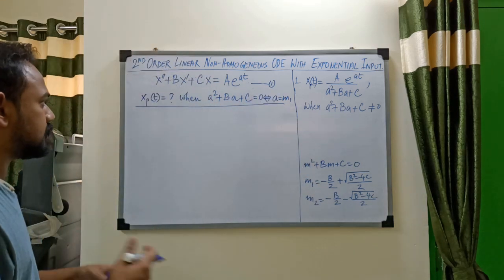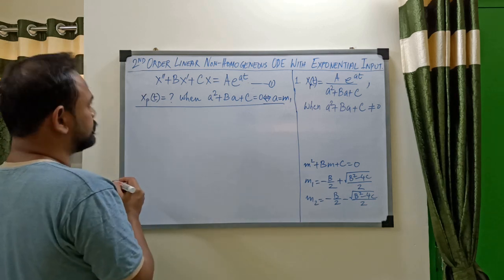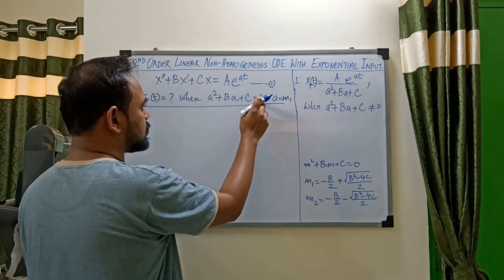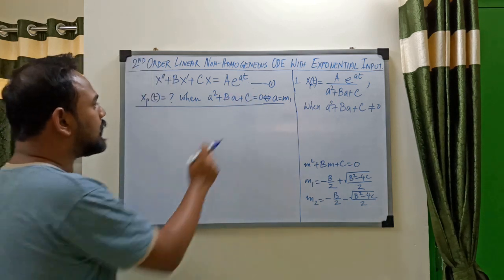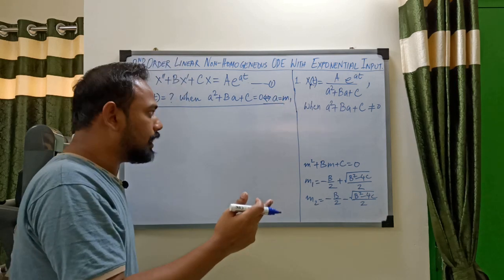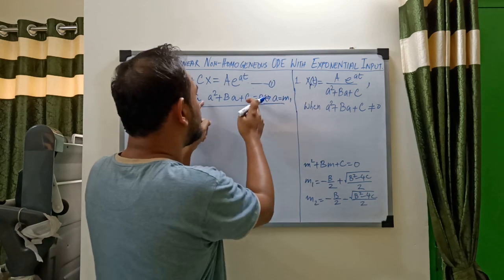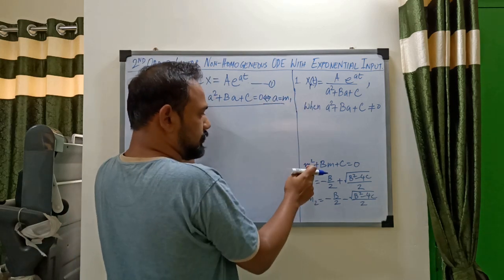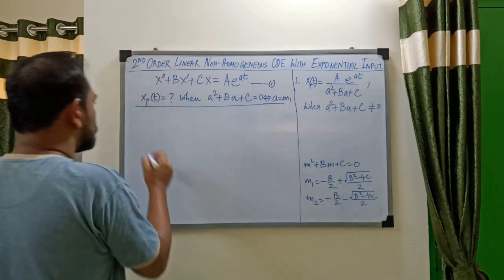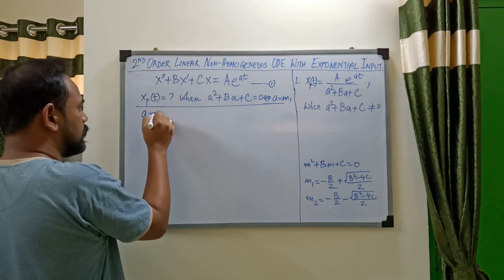We take the limit approach. So we assume that this is not exactly 0. When is this not exactly 0? When a is not exactly m1. If a is exactly m1, then this would be 0, because m1 is a root of this. So what we do is, we don't assume that a is equal to m1.